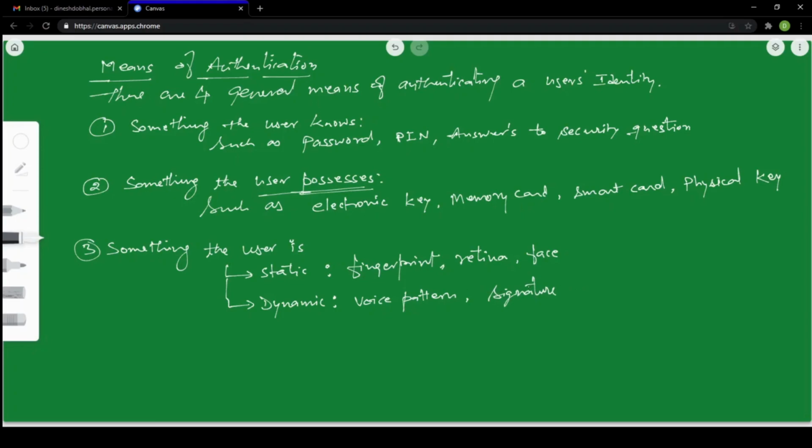So these means could be used in the authentication process.